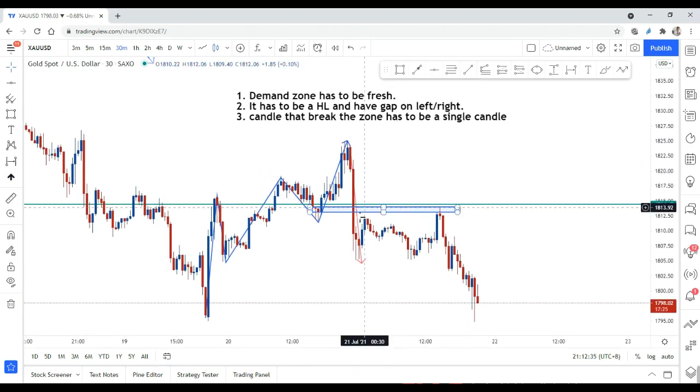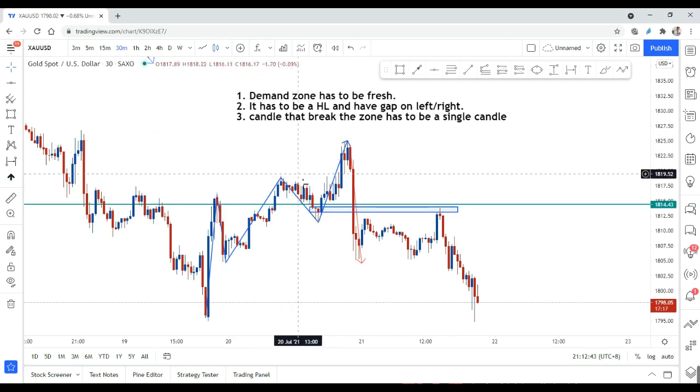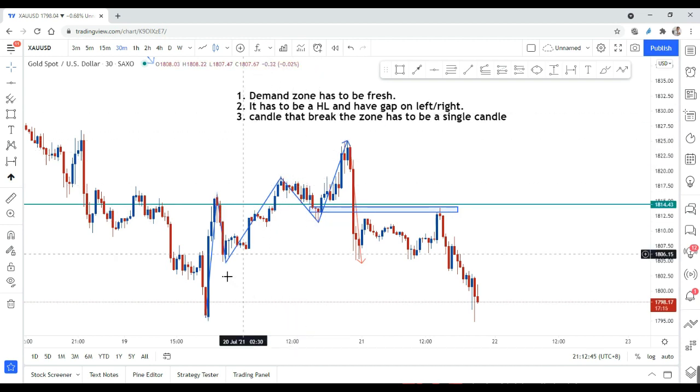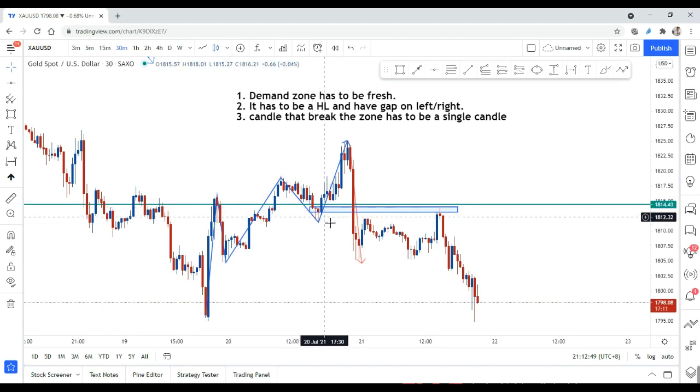First rule is that this is a fresh demand zone. Second rule, it has to be a higher low, meaning the price is climbing up. Then it has to have a gap on the left-hand side and on the right-hand side, meaning that it's hanging out by its own.